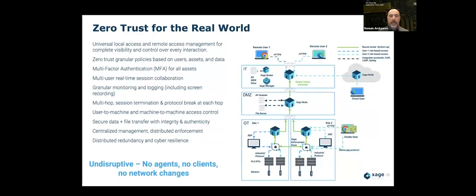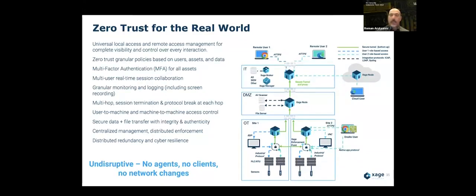So putting it all together, the Zage Fabric really delivers that Zero Trust for the real world, protecting assets by controlling all the various interactions across various domains as well as types of interactions.